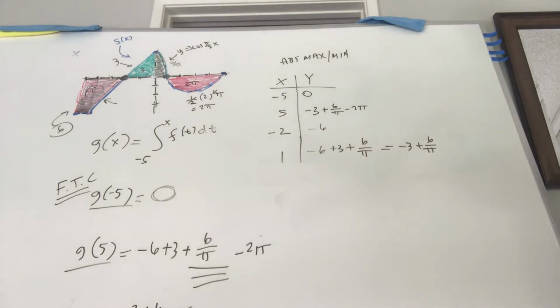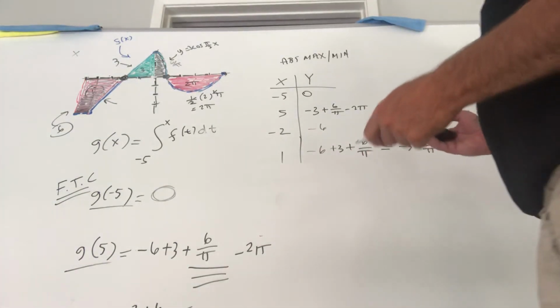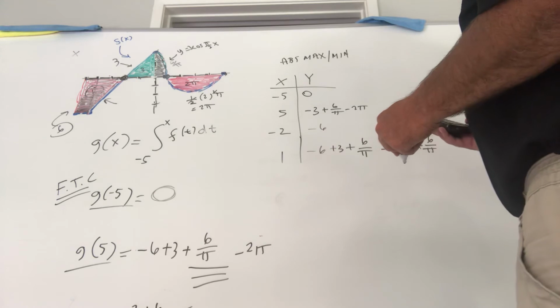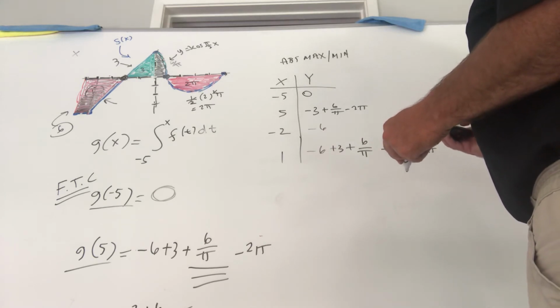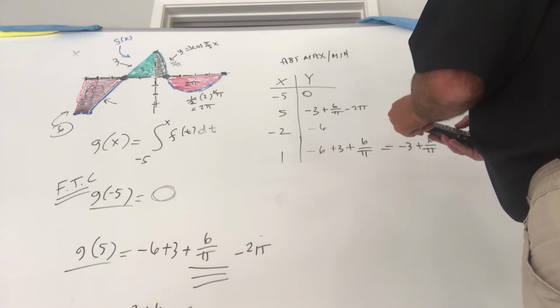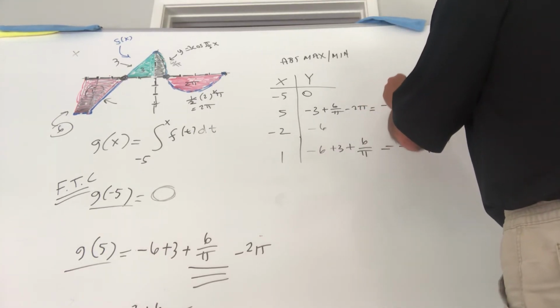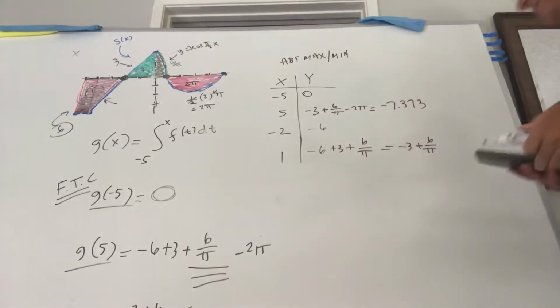Now you're going to have a calculator, and I kind of did this on purpose, just to remind you that you're going to have a calculator handy. So what you want to do is put -3 plus 6 divided by pi minus 2 times pi, and you get -7.373.